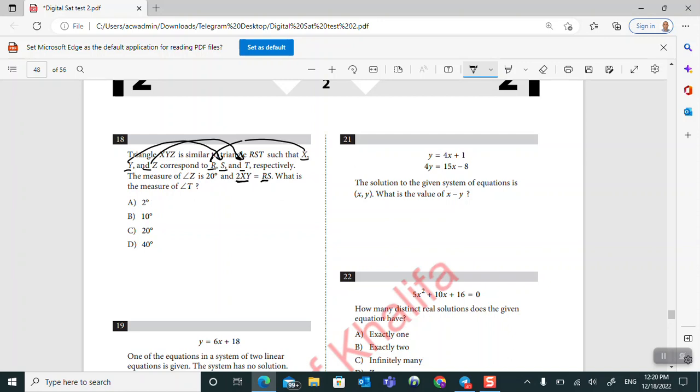What is the measure of angle T? Since both triangles are similar and we are given that Z corresponds to T, angle Z is equal to angle T. So the correct choice is C. So that's similarity.